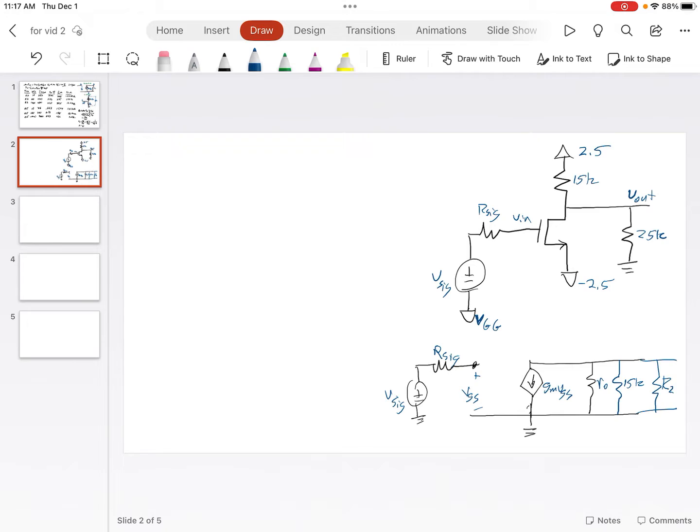There's RL. And we have the gate terminal, the drain terminal, and the source terminal. It's always helpful to draw those in.